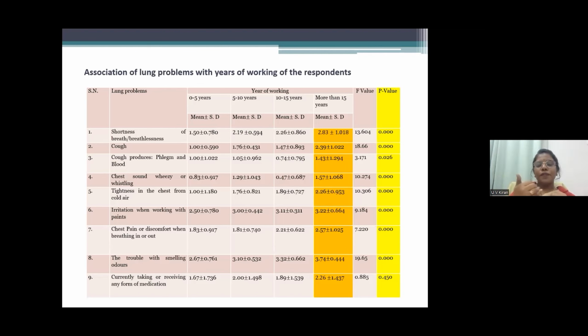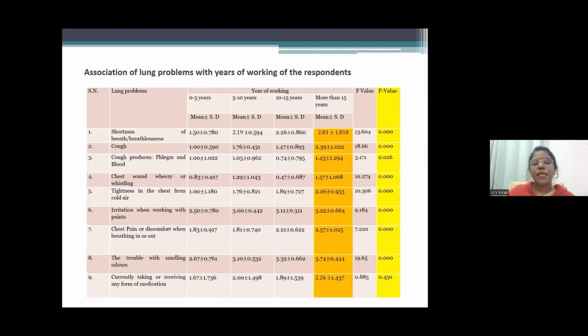When we also link it up with age, we had respondents with less experience, but still they have more lung problems. So here we ruled out whether age has any contradictory impact.